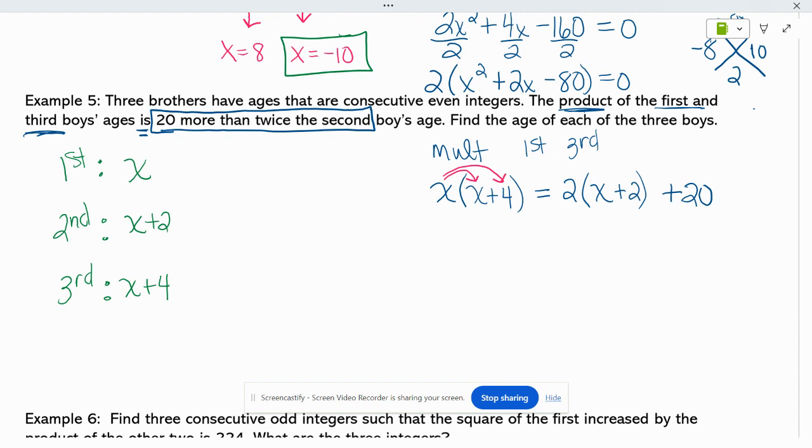We call it distributing. So x times x is what, Jansen? X times x is x squared. Good job. Carla, x times 4 is 4x. Okay, we're done on this side. Delilah, 2 times x is 2x, perfect.